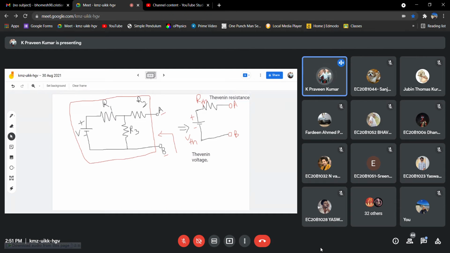Right. So VTH is Thevenin voltage and RTH is Thevenin resistance. Now the question is how to find out this Thevenin voltage and Thevenin resistance. Now we'll see.